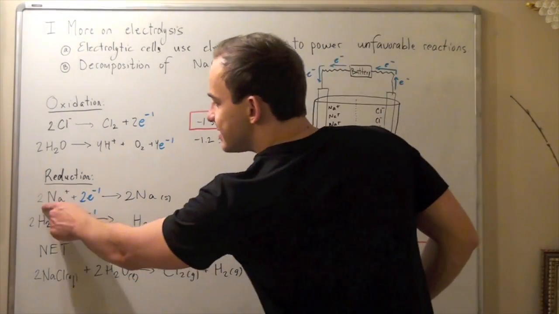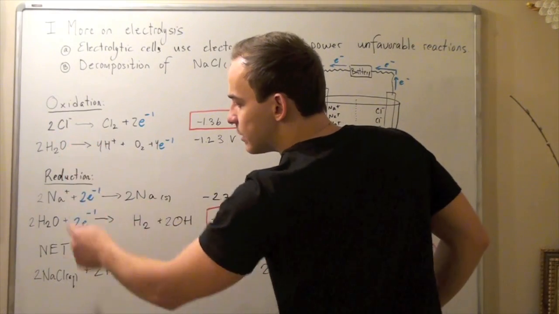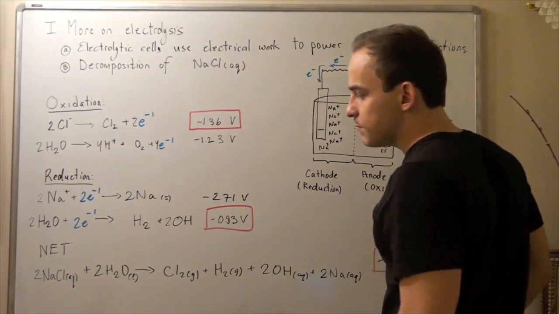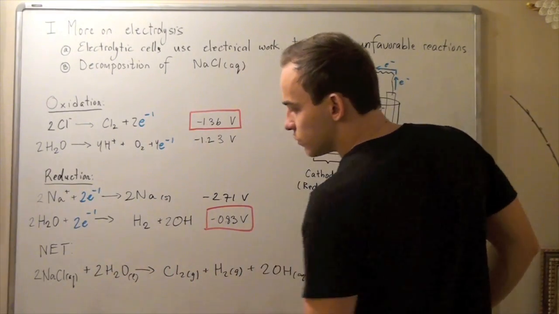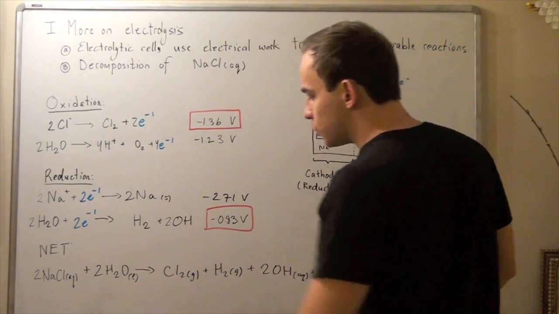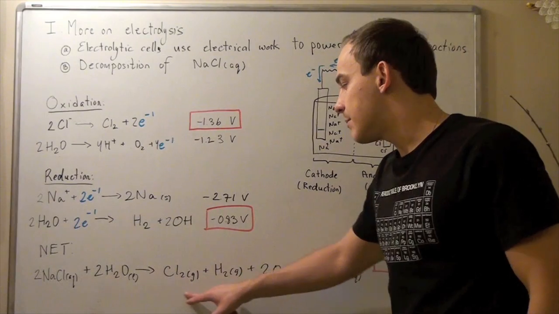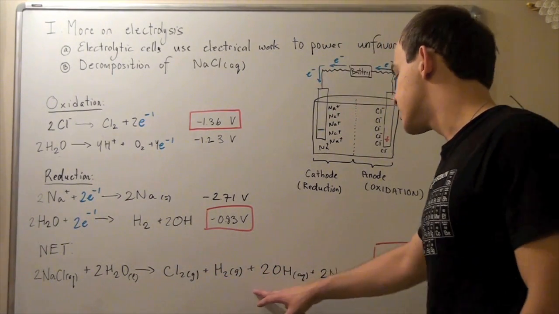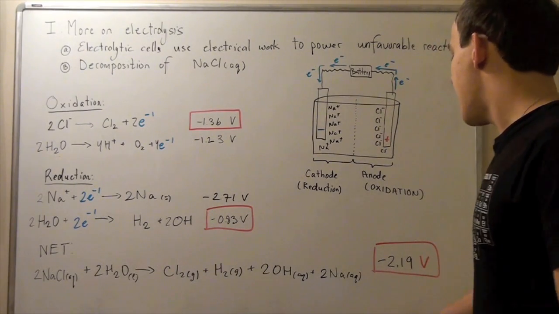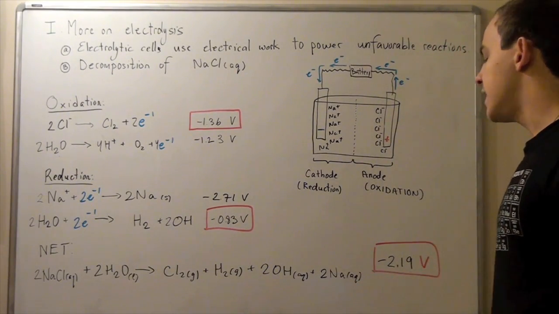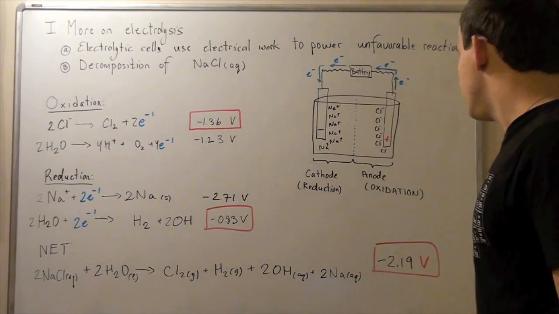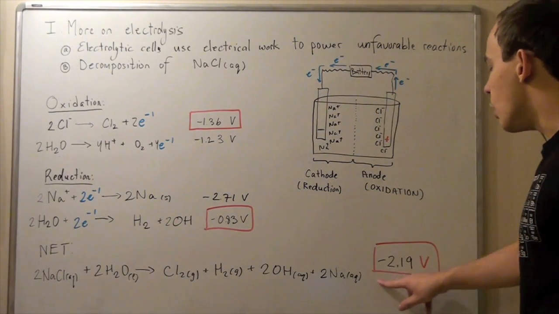When chloride and water react, they will create sodium chloride within solution, plus 2 molecules of water in a liquid state will produce a diatomic gas, plus another diatomic gas, plus 2 hydroxide in the aqueous state, and 2 sodium ions in the aqueous state. We also add up these cell voltages, and we get this following cell voltage.